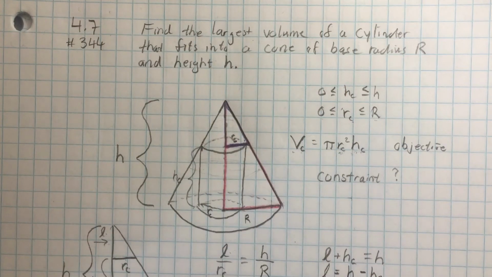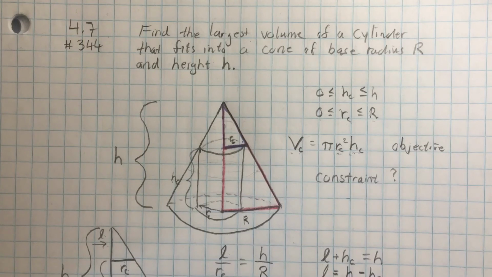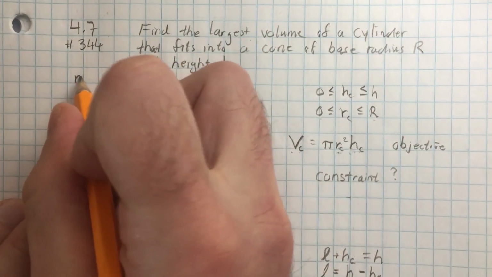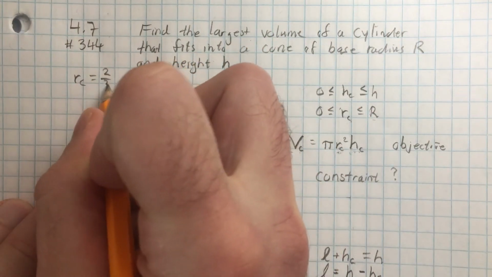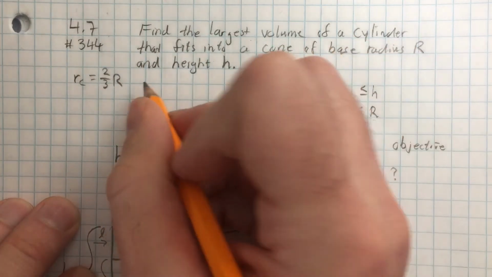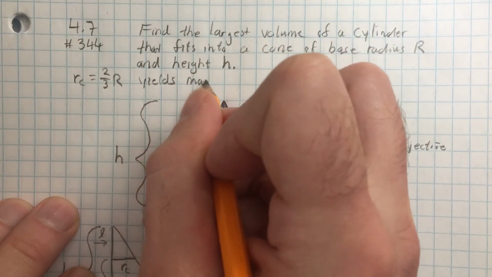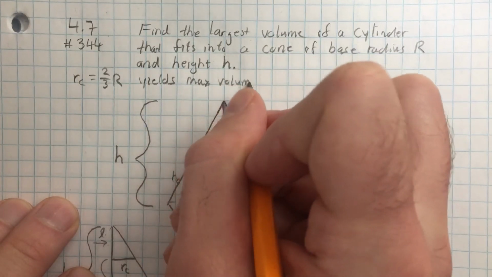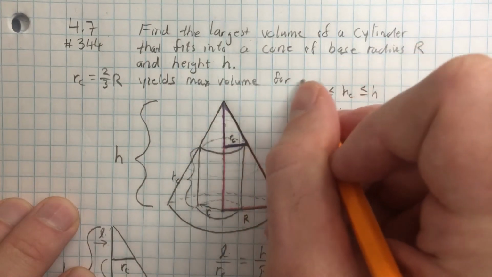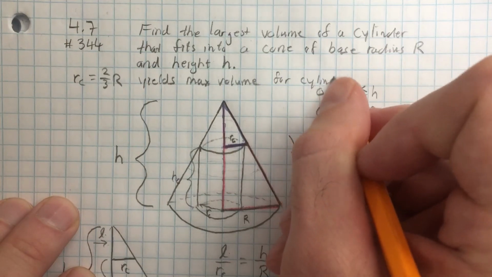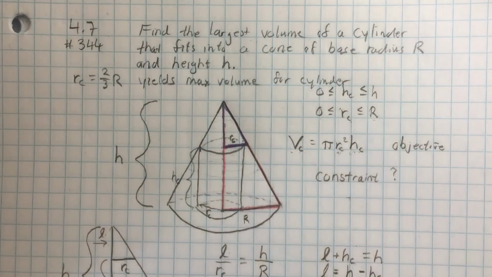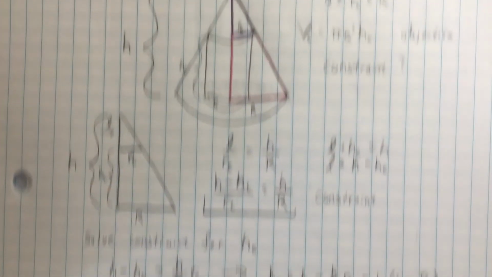All right, so now we just have to plug this value in. We know that RC equals 2/3 R yields max volume for the cylinder. So all we have to do now is plug it back into the volume function.